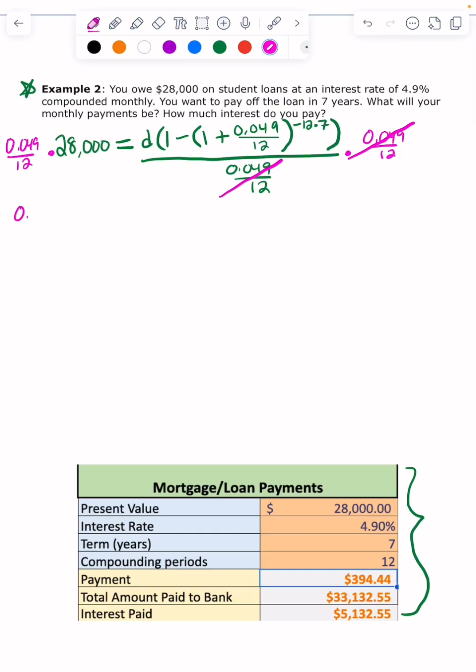And now over here I have 0.049 divided by 12 times 28,000, which we could put in the calculator, but we'd have to round, and it's not helpful to round until the end. So I'm just going to leave that. But the right side now looks more manageable.